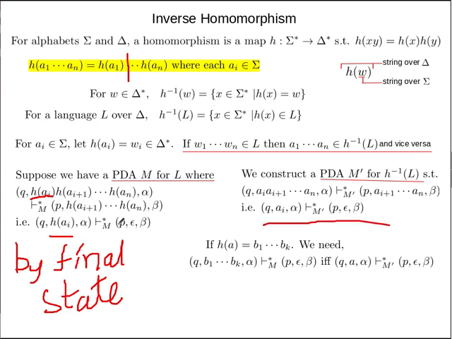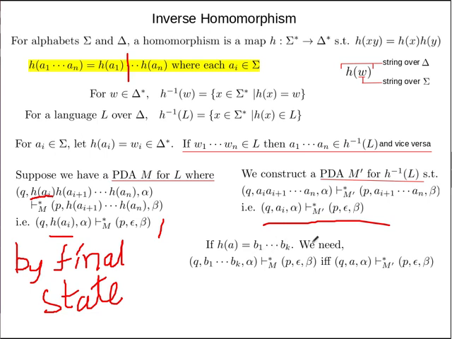So this is what we want, where we have this in M, right? As I said, this HAI is a string over this alphabet lambda, right? So H of A, if you consider any AI here, let's just say this is A, just for convenience. So this is a concatenation of multiple symbols, okay?